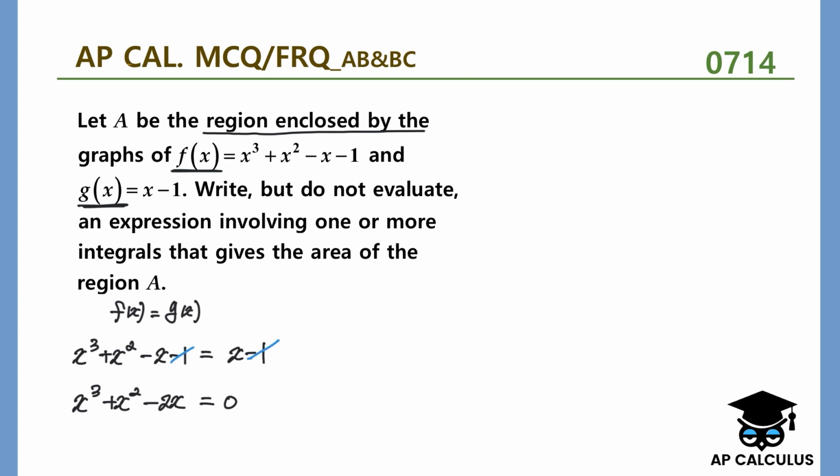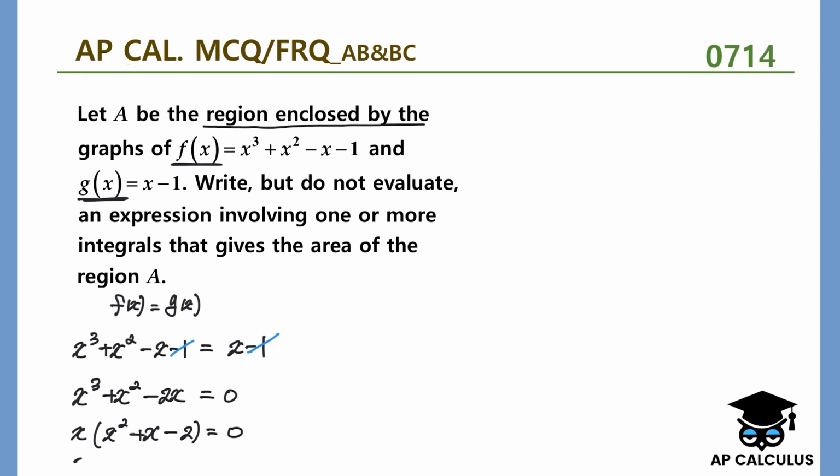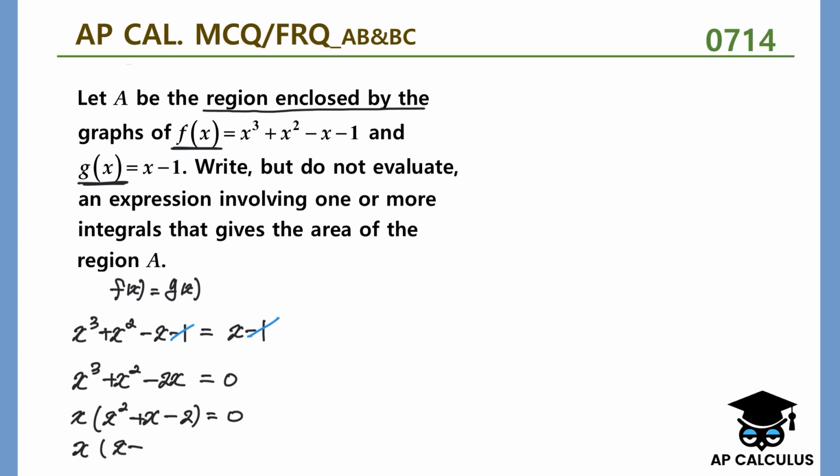So far so good. Now let's factor this. This is x times (x squared plus x minus 2) is equal to 0. So that's x times (x plus 2) times (x minus 1) is equal to 0. So our intersections are x equal to 0, -2, and 1, right?